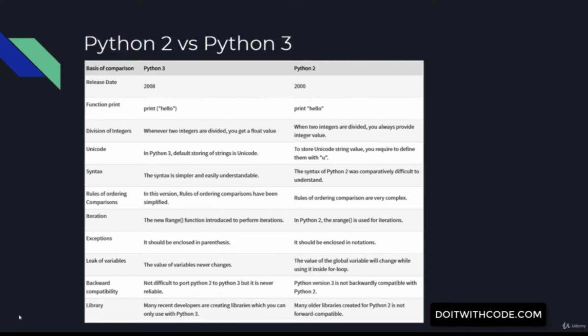These are some of the reasons we cannot use Python 2 and 3 interchangeably, because similar functions are written differently. Python 3 has slightly different syntax than Python 2, and Python 3 has a new range function which is used to perform iterations, while Python 2 has xrange instead.